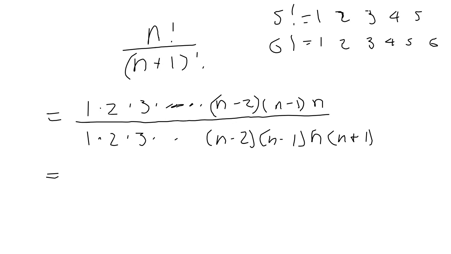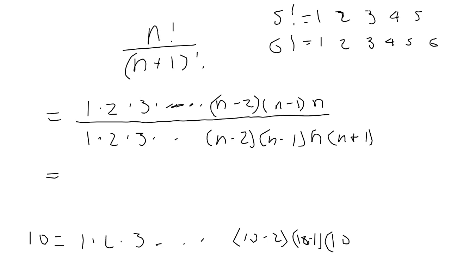Let me show you 10. Sir, are you sure you're not being confused by the n minus 2 and n minus 1? I'm not clear with the n minus 2, n minus 1. All right, those are just the numbers that come before n. Let's say n was 10. It would be 1 times 2 times 3 times up to 10 minus 2, 10 minus 1, and then 10.